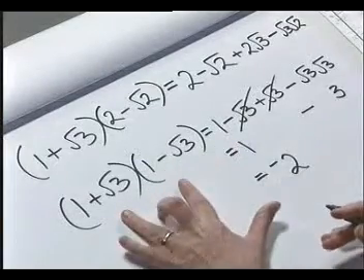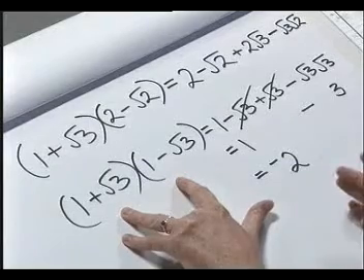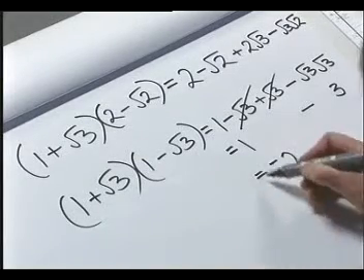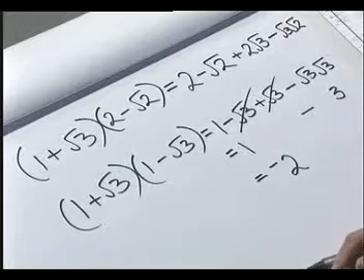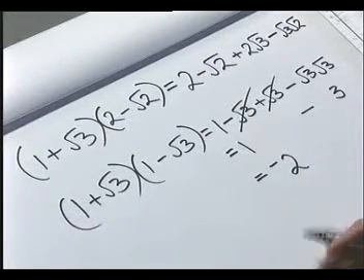So we started off with a multiplication of brackets which involve surds, but look what happens with the answer. We've got a whole number with no surds involved. Now this is a significant fact, and in fact this is so well known it's given a name.